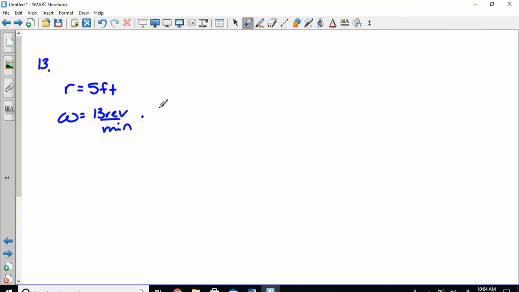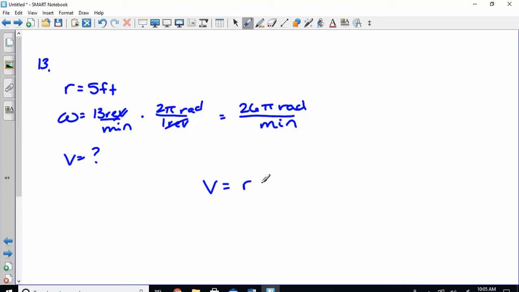So we know that 1 revolution all the way around the circle is 2 pi radians. So this is 26 pi radians per minute. And we have to convert it before we can use it in the problem. Find the linear velocity, so we want v. So we can just do v equals r omega.